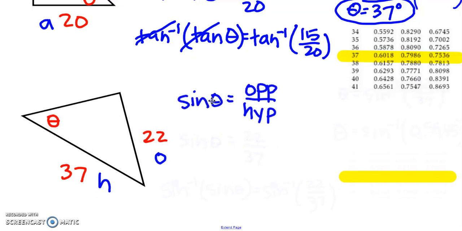I take the sine equation just like I've done in every other problem. Sine of theta is opposite over hypotenuse, and then I start plugging in what I know. I do not know my theta, that stays as a variable, but I do know my opposite is 22 and my hypotenuse is 37.